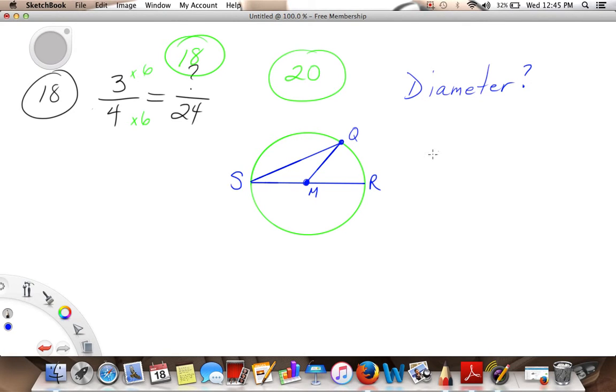Okay, so in this case, segment SR actually goes through the center point M, and it goes from one side of the circle to the other side of the circle. So your answer would be segment SR, which is answer choice B.